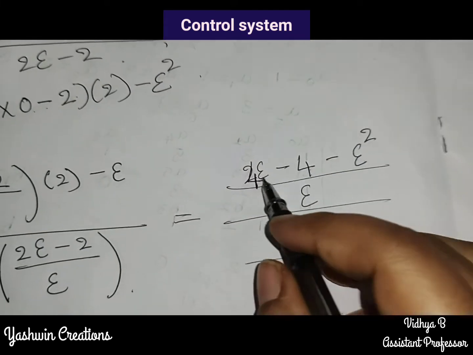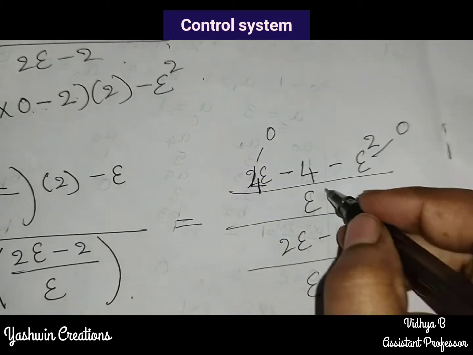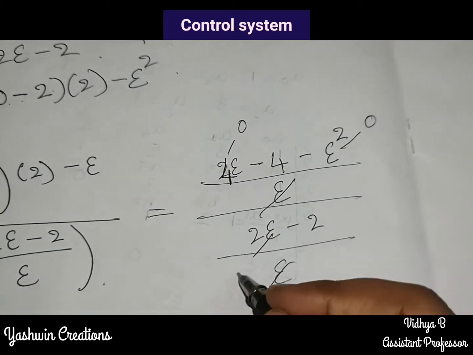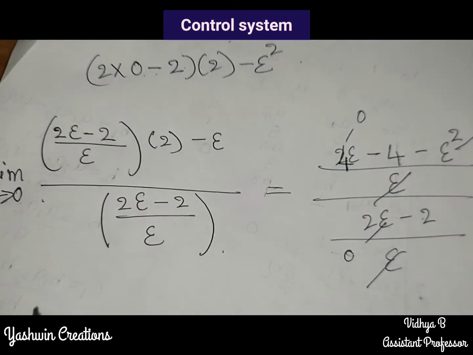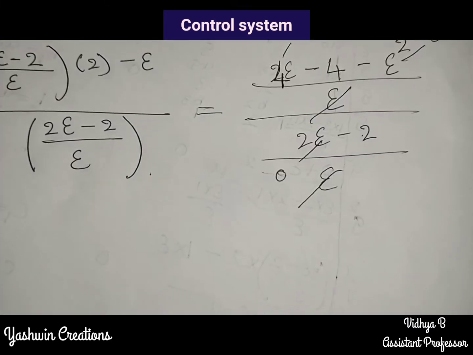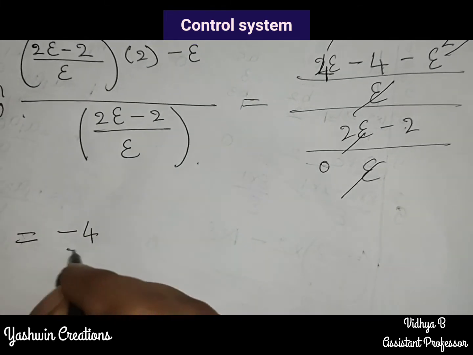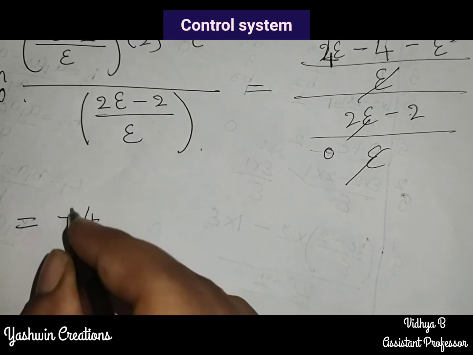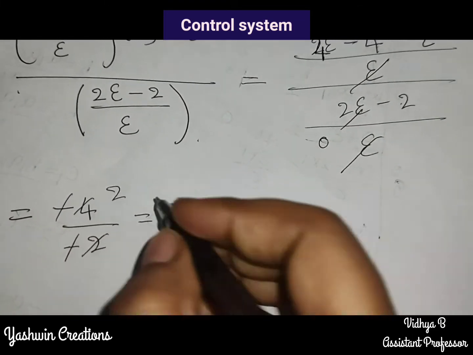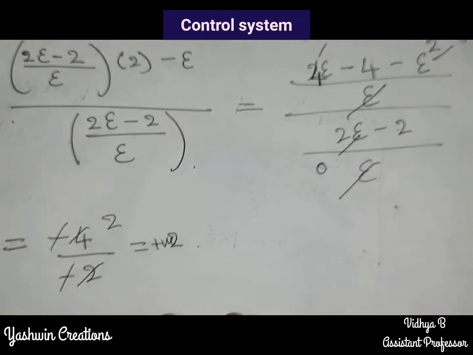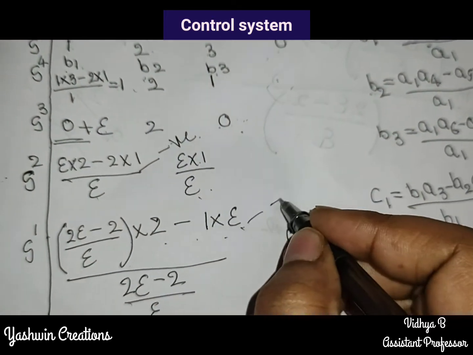Now you substitute 0: this becomes 0 and this also becomes 0, so it is cancelled. So minus 4 divided by minus 2, you will get the value 2 here. So the positive value is obtained, and this value is positive.